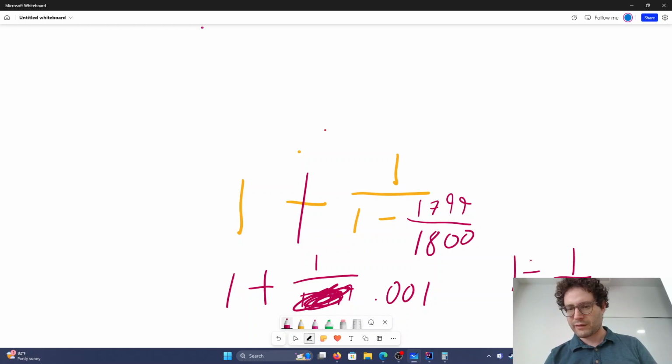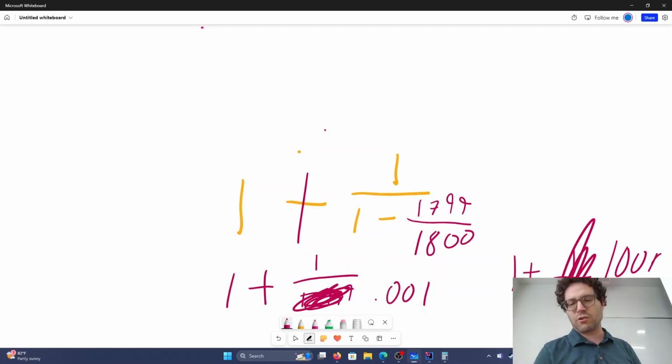Oh, I have a plus there. Plus 1 over 1,000, which just flips and becomes this, which means in total it takes 1,001 lookups on average if we implement it like that. That does not seem efficient at all.